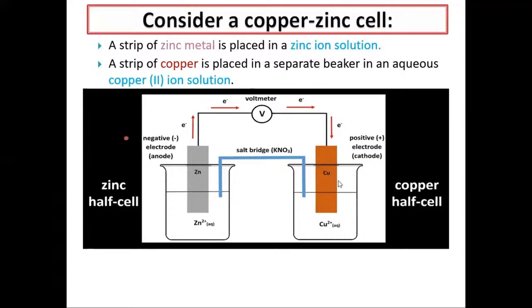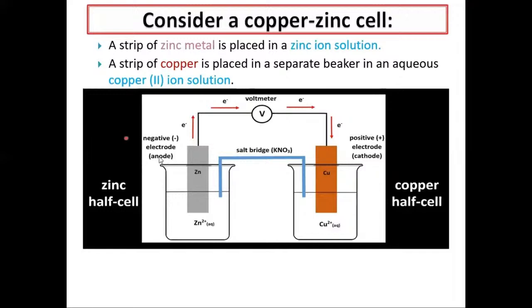If copper is less reactive compared to zinc, then it means that it's ready to receive from zinc. So copper is ready to receive electrons. So zinc is going to cause copper to be reduced. Therefore, zinc becomes a strong reducing agent.